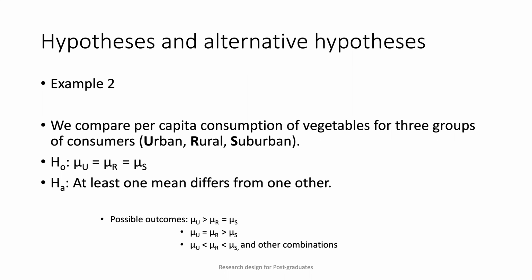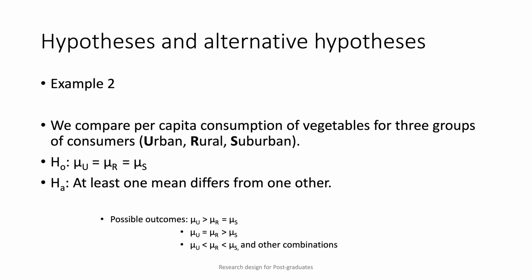We run the respective test, and a possible suggestion here would be something like analysis of variance. And we now have to discuss what we understand as being the alternative hypothesis. The alternative hypothesis is not to say that they are not equal, because that isn't really very useful information. The alternative hypothesis would be that at least one of the means differs from one other.